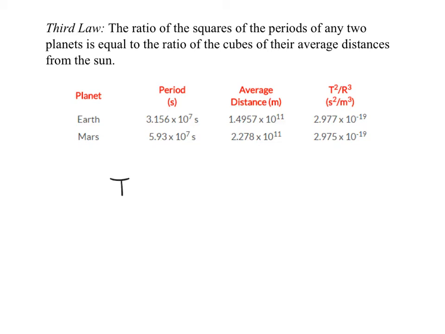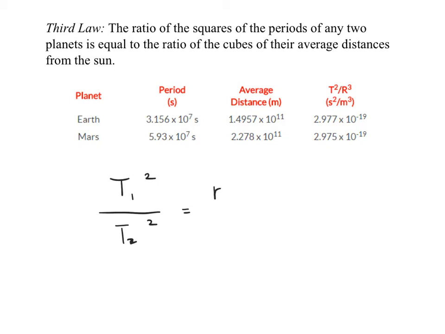So let's say we'll call this planet 1, we'll square its period, and planet 2, and we'll square its period. The ratio of the squares of the periods of any two planets is equal to the ratio of the cubes of their average distances from the sun.